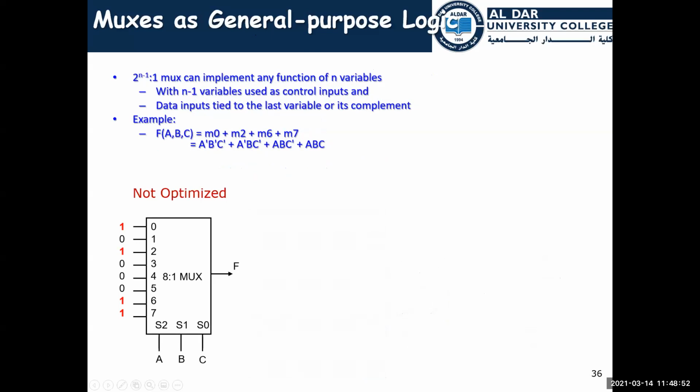Another way of representing the logic gates using the multiplexer. As you know, this multiplexer is, you can say, redundant, has huge logic, but is used in creating very simple circuits. How to optimize the 8 by 1 multiplexer?